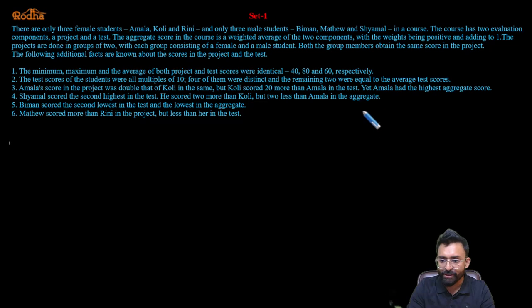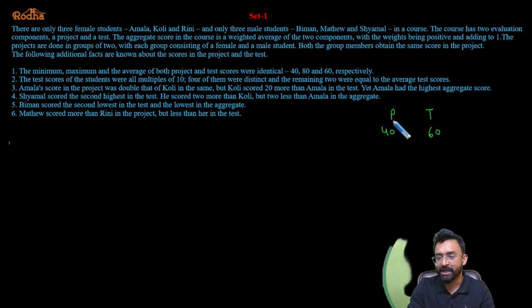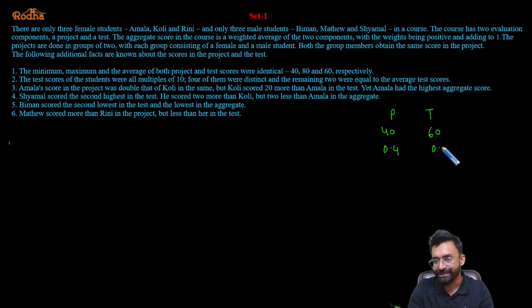The project score and the test score are considered in a fashion that, let's say somebody is scoring 40 marks in project and 60 marks in test, और उसका यहाँ पर अगर weight का summation जो है वो 1 है, मतलब इसका weight अगर 0.4 है और इसका weight अगर 0.6 है, तो aggregate score कैसे निकाला जाएगा?